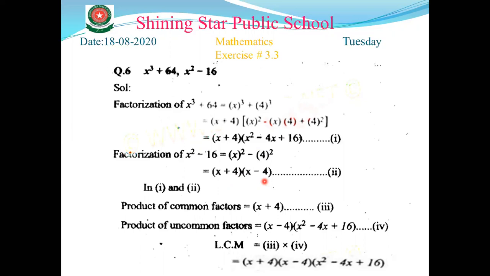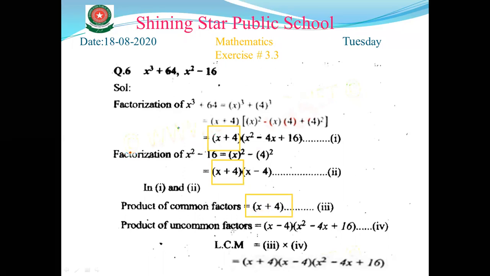Okay, now this is equation number 1 and equation number 2. Finding the common factors. So common factor is x plus 4 and x plus 4. Very simple. Same as we find in the HCF. So the common factor is x plus 4.